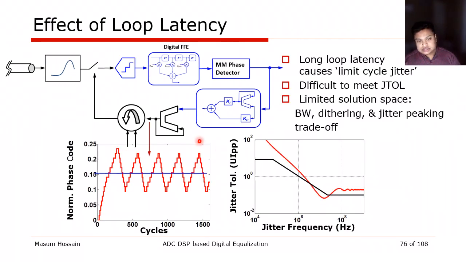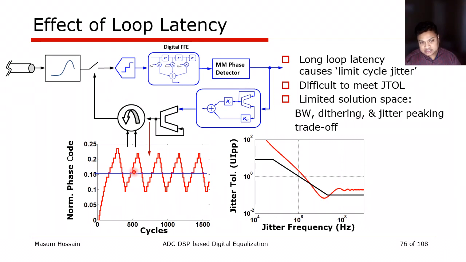With this much latency in place, what we see is significant limit cycle dithering. To imagine how latency causes dithering, you can imagine that the phase is a bit ahead of the target phase, therefore the clock is earlier. But this early information does not propagate through this loop fast enough.